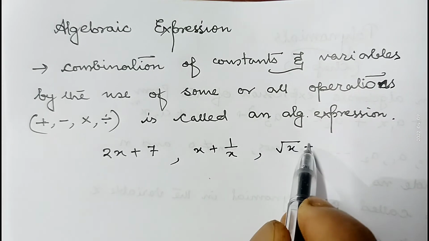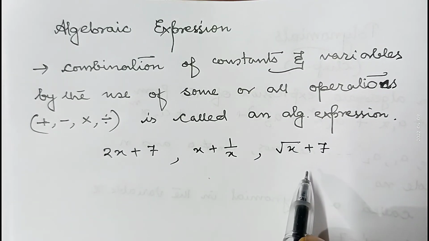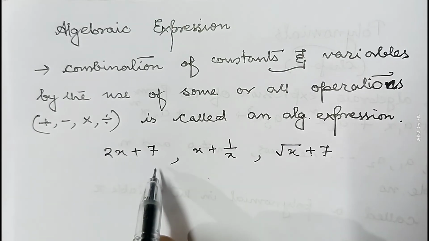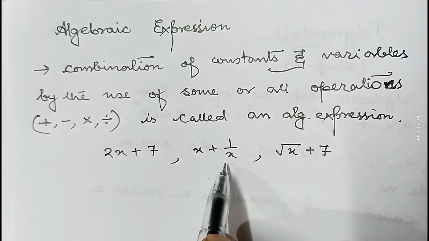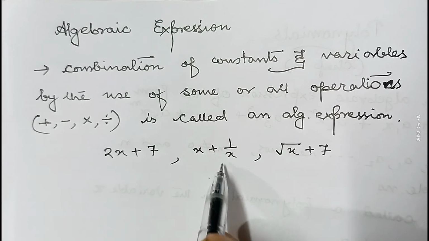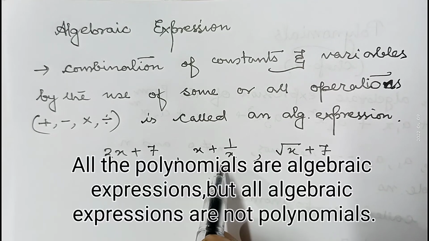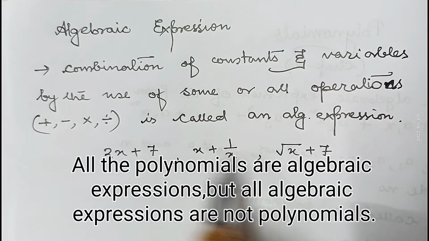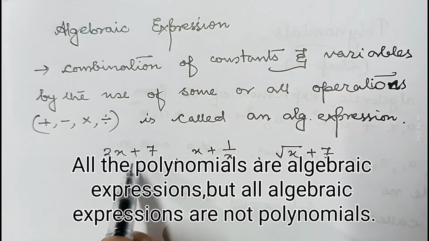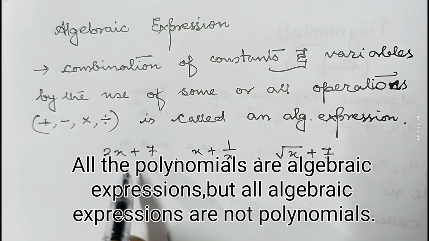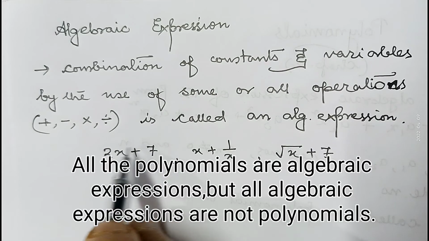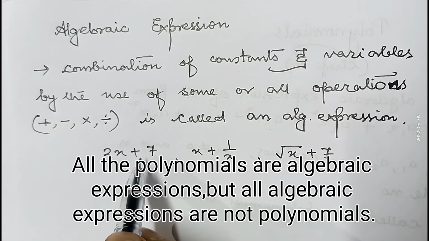Root over x plus 7, this is also an algebraic expression. Out of these three examples, this one is a polynomial, but these two are not polynomials, though they are algebraic expressions. That means all algebraic expressions are not polynomials. If the power of the variable is a whole number, then only we can term those algebraic expressions as polynomials.